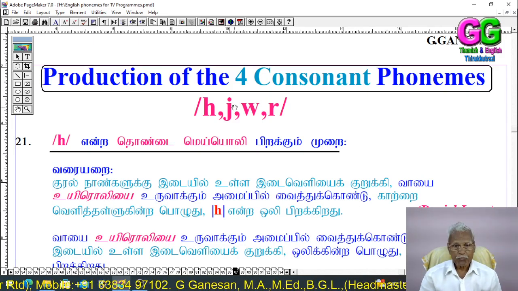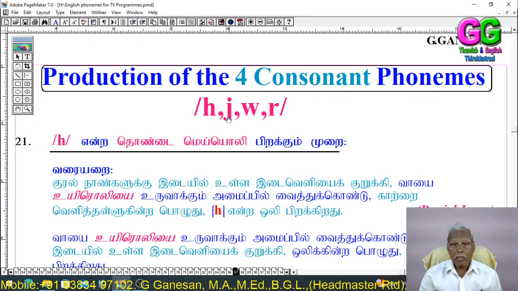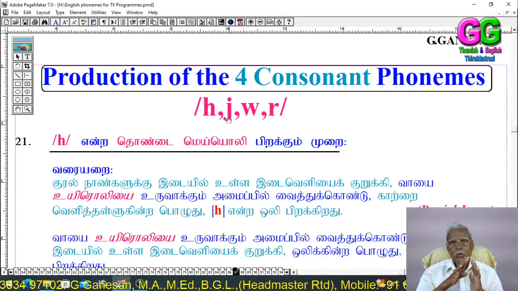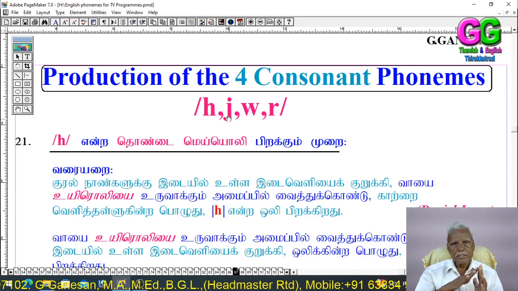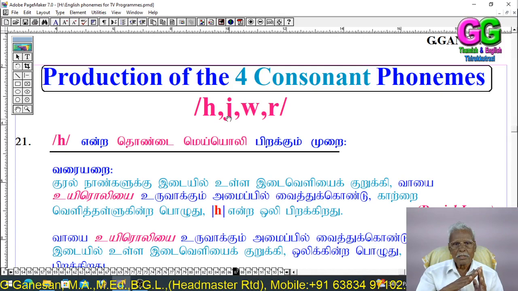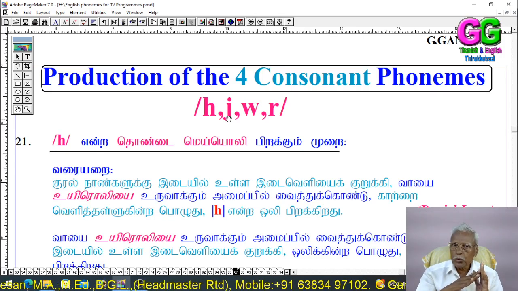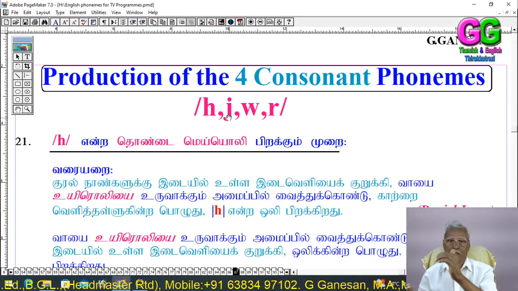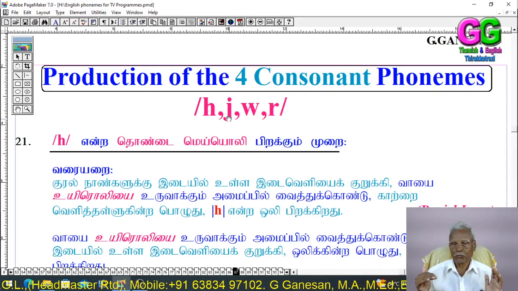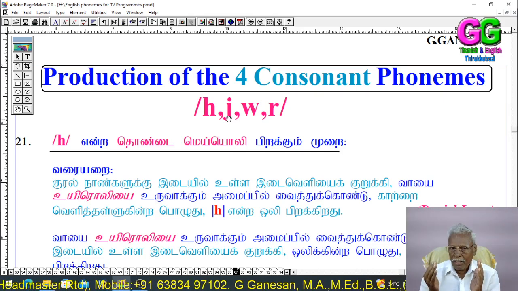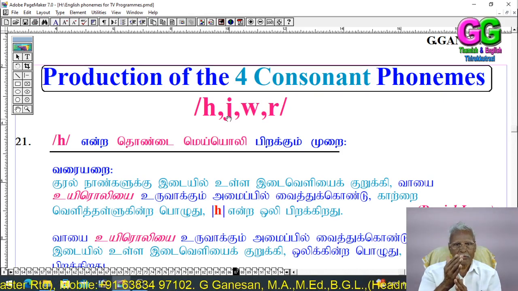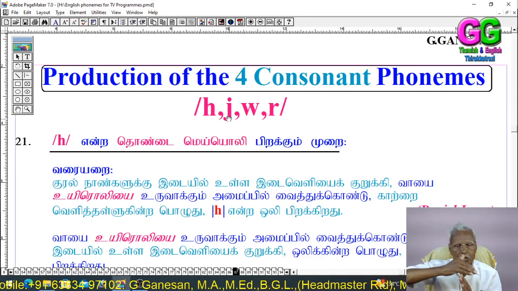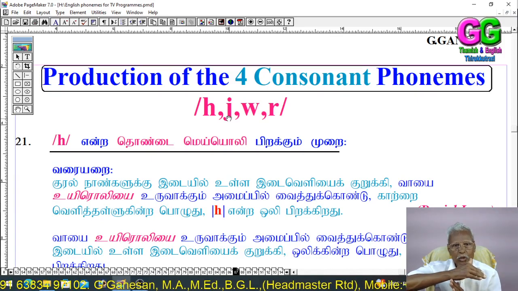Then this phoneme is produced when the tip of the tongue is moved from the position of E towards some other vowel and allowing the air to escape through the mouth.